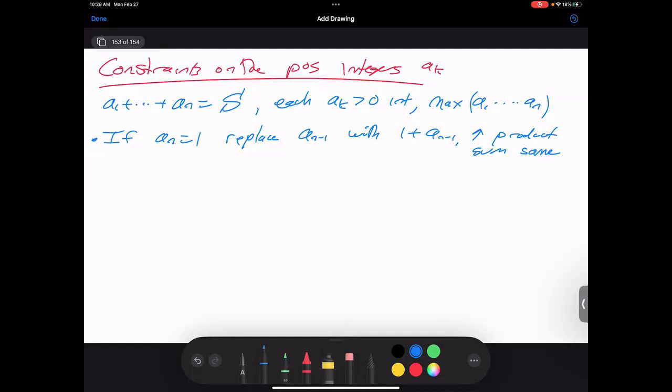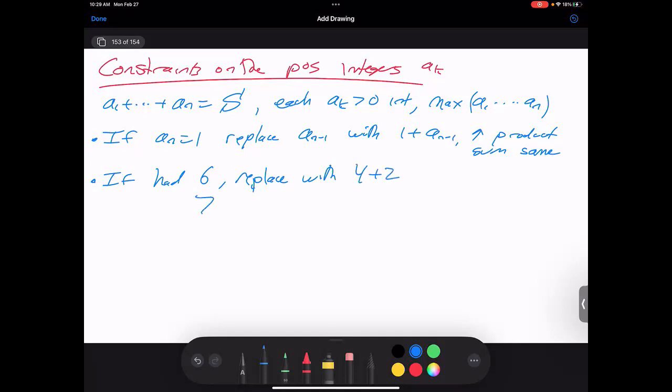So we're talking about trade-offs. What if one of the A's was 6? What could we replace 6 with that would have the same sum but a better product? 4 and 2.